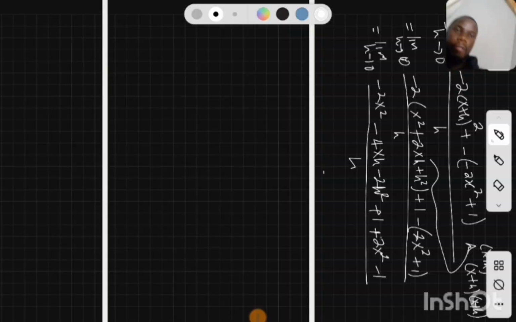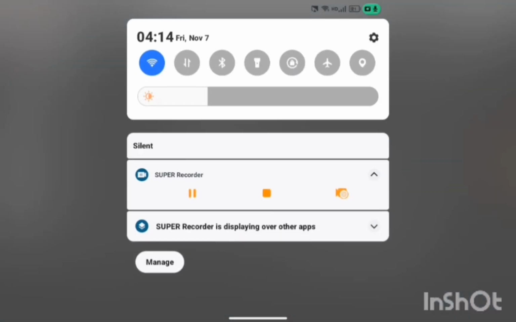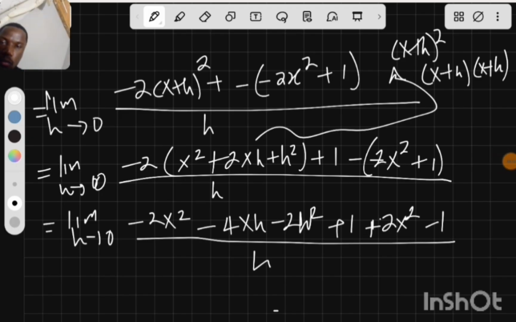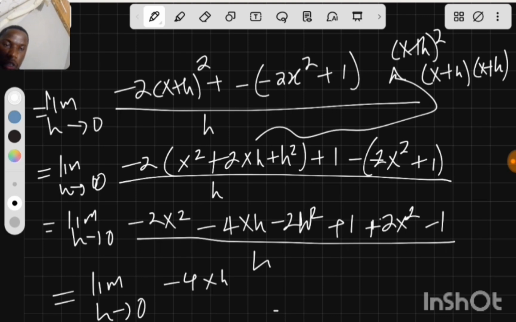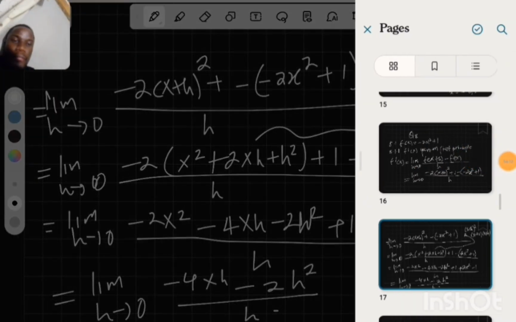Then we will be left with the limit when h approaches 0 of minus 4xh minus 2h squared, divided by h. Then let's go on.